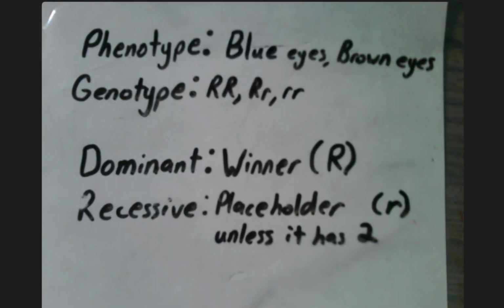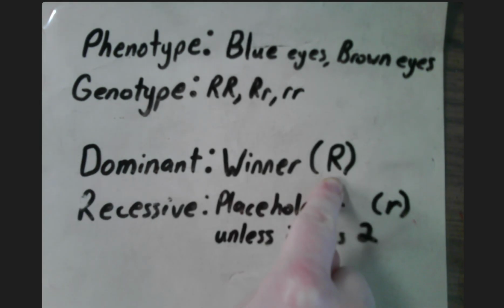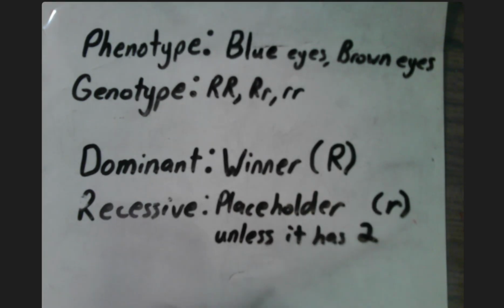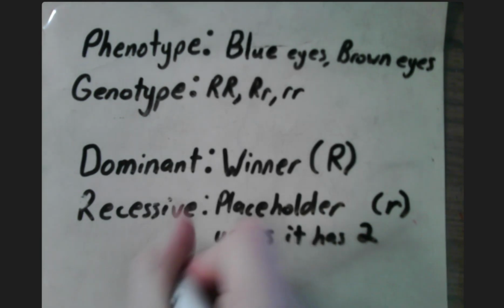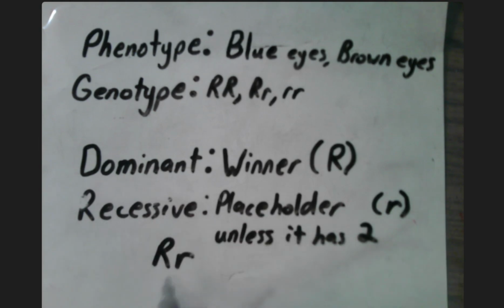What you also need to know is dominant versus recessive. Dominant is always going to be represented by a capital letter. Again, I chose R. Recessive is going to be a lowercase r. Now, when a problem has a capital R and a lowercase r, that dominant letter is going to win.